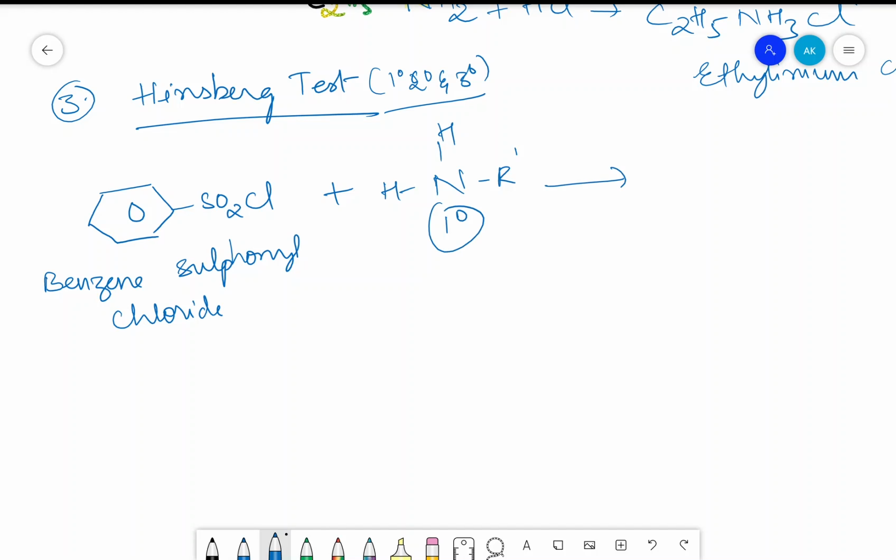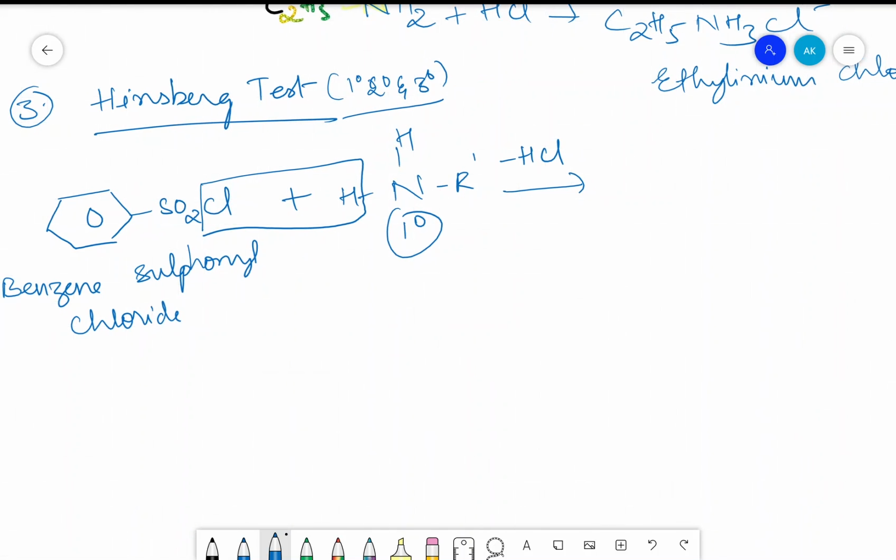Now H and Cl will be removed as minus HCl, which I am going to write above the arrow. What is remaining here is benzene structure, SO2. Then this will bond with the remaining part, that is NHR.